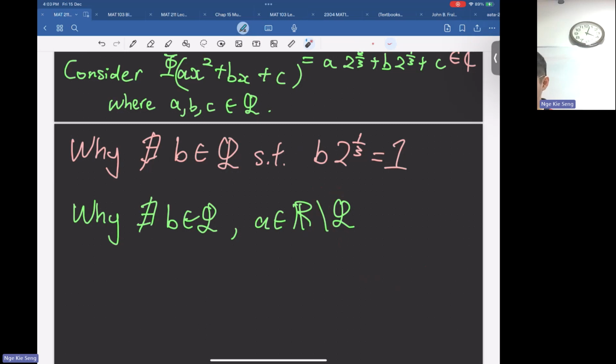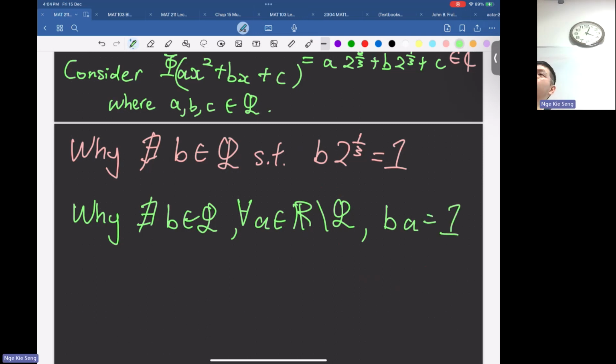So take note, algebra has this constant here. So why don't rational numbers exist such that for all irrational, B times the irrational equals 1.